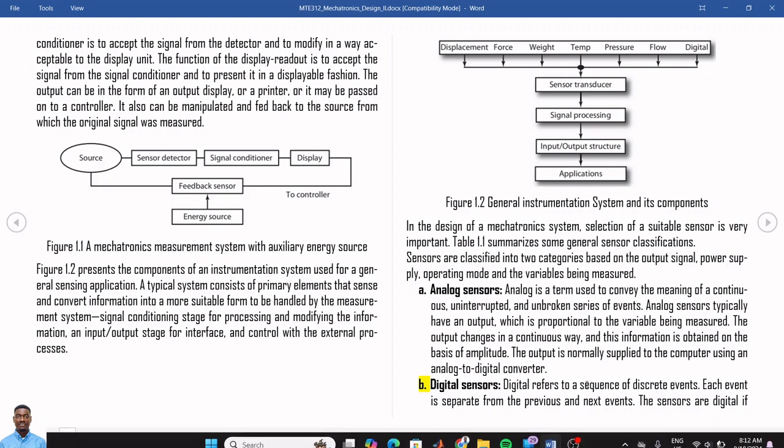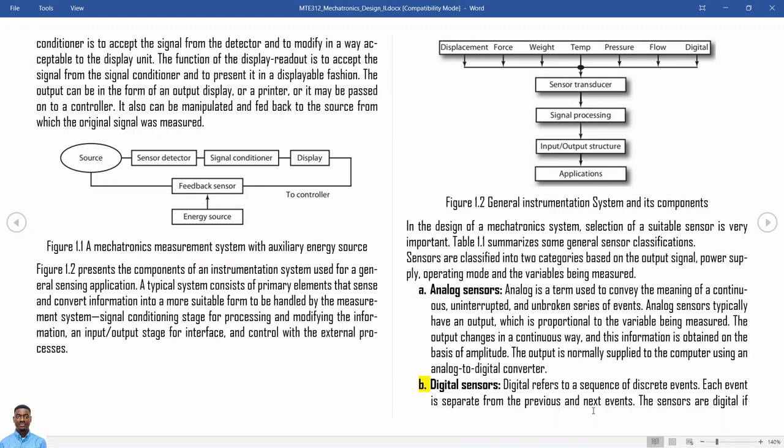So we'll be looking at the sensor categories. Sensors are classified into two categories based on the output signal and the power supply. So what we're saying is that for sensors, we have two categories: category A is the output signal category of sensors, and category B is the power supply category of sensors.